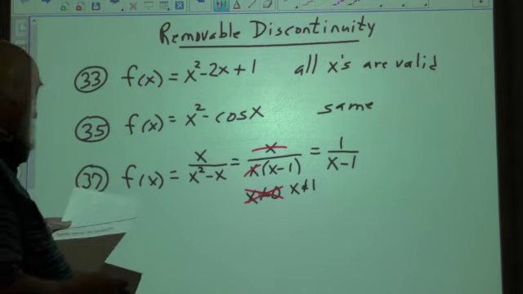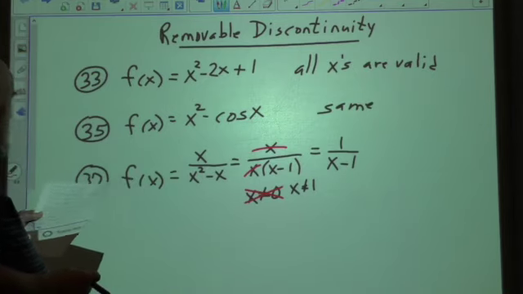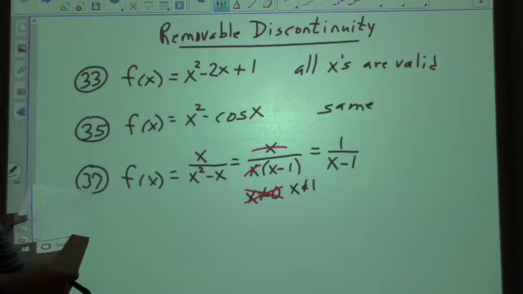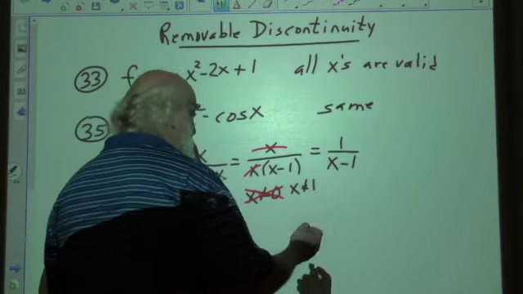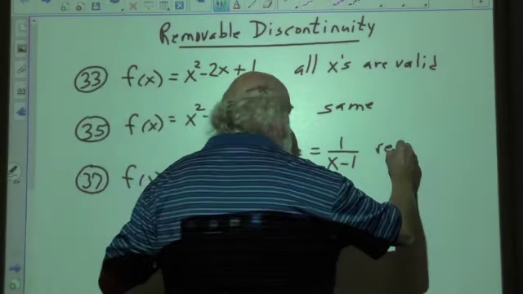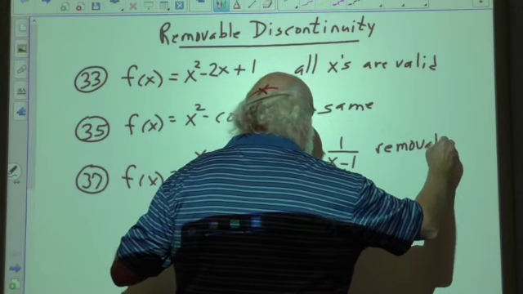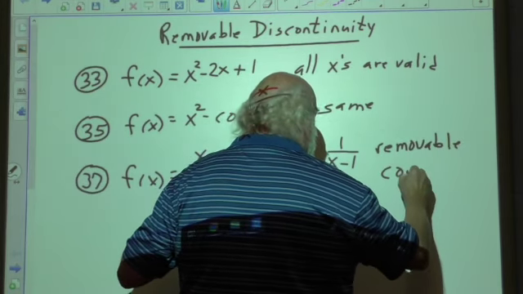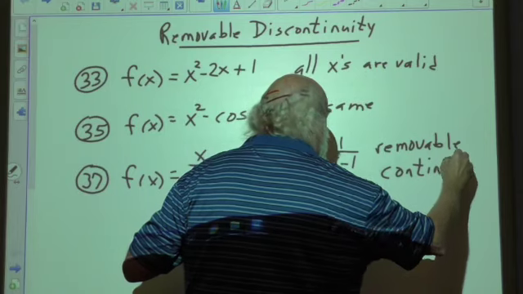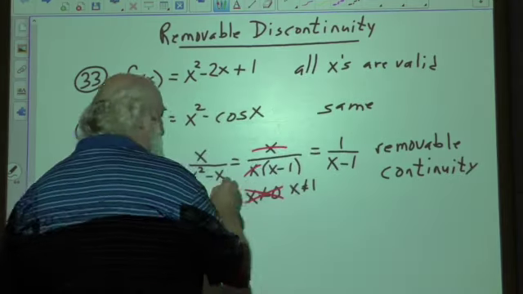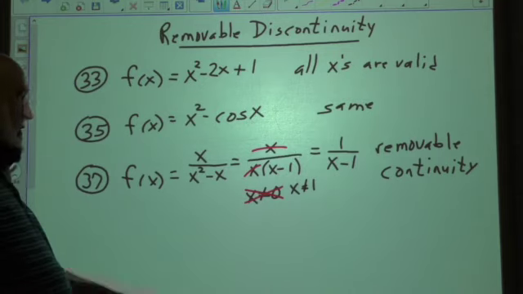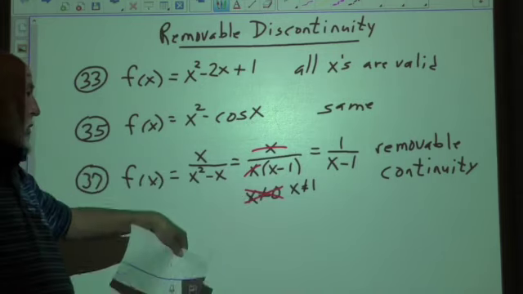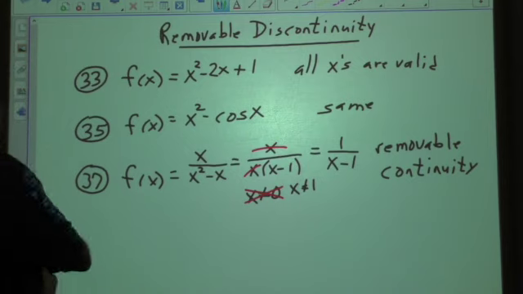So we would have to say that we got rid of the x, it's not 0. So we cancel this out, and this is now a removable discontinuity in terms of that 0. Now this is still discontinuous over here, but we have removed one part of it.